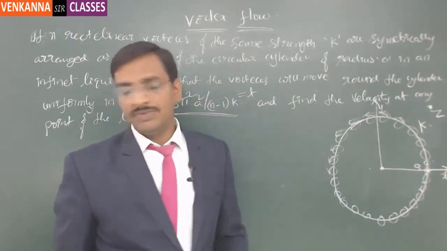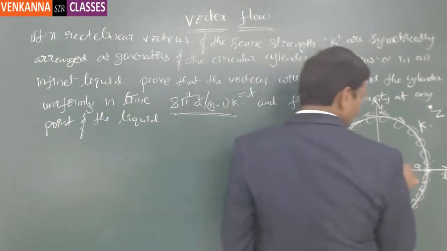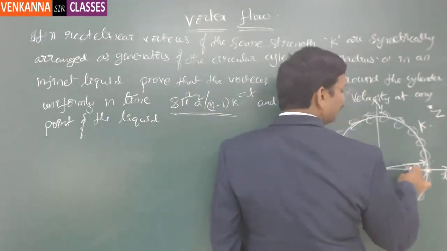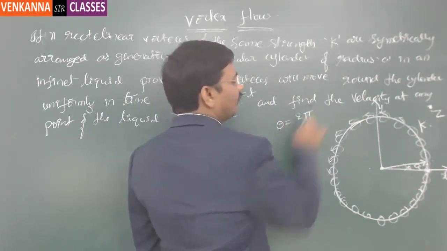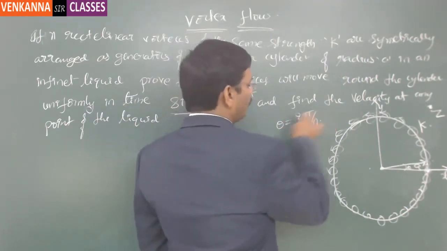If we take the first vertex, it makes an angle theta, and theta is nothing but 2 pi divided among n vertices, so 2 pi by n is the angle theta.